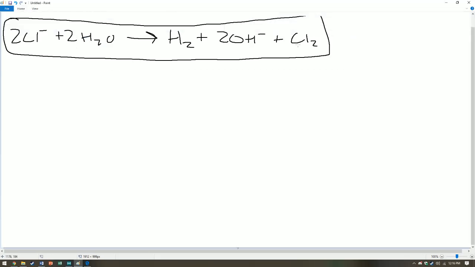Now for the second bit, we are asked, how long will it take for all the chlorine gas to fully electrolyze? So how long will it take for all the chlorine gas to form?